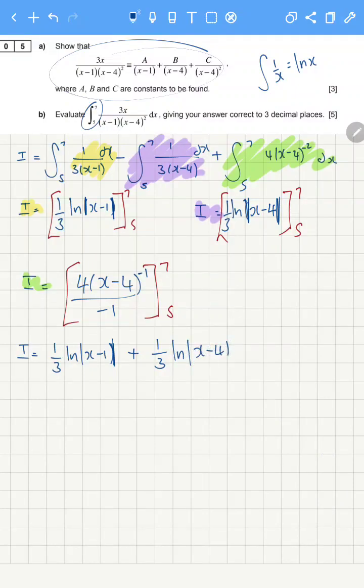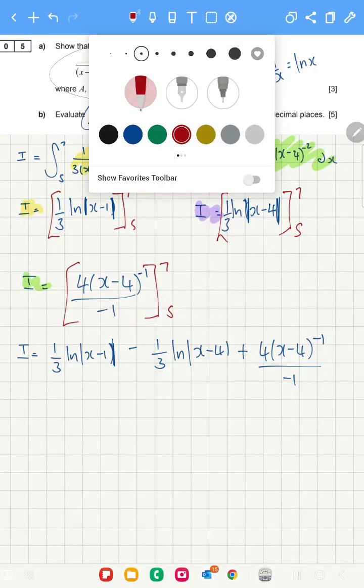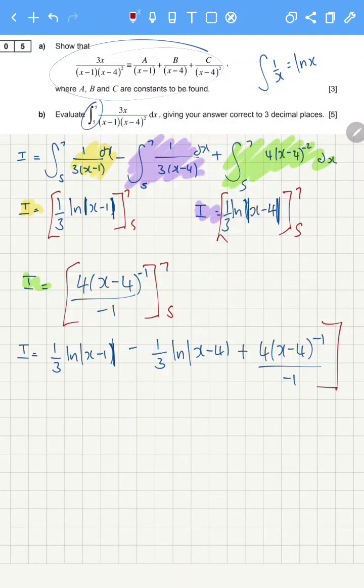Oh, sorry, that's a minus. There you go. Plus 4 bracket x minus 4 to the minus 1 over minus 1. They're the 3 different integrals, and all of those are between 7 and 5.